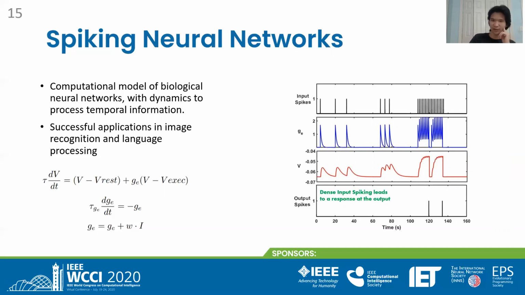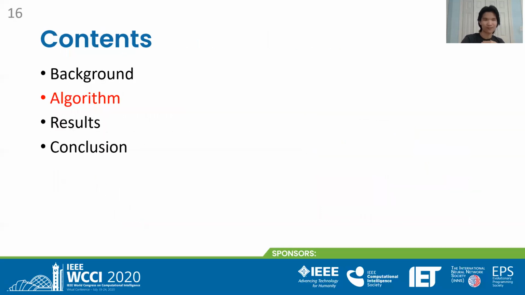And when the voltage goes above a certain threshold, it will output a spike itself. So it inputs spikes and it outputs spikes. And through this process, it's able to encode information temporally. It's able to keep track of the distances between the spikes, the number of seconds between them, and use that information to make a judgment on whether I should do an output spike or whether I should not.